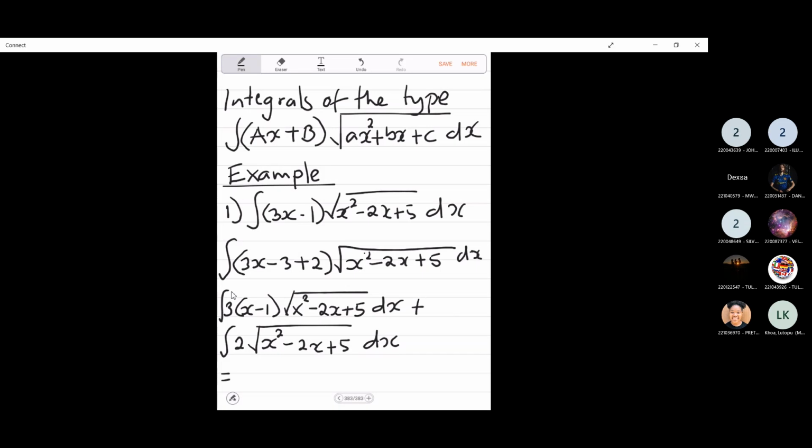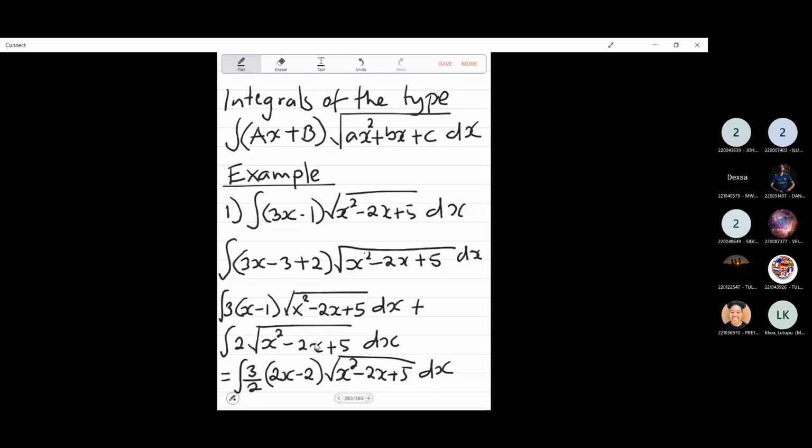So I should integrate 3 over 2 times 2x minus 2 times the square root of x squared minus 2x plus 5, dx. That's the first one. You can see this is the derivative of what is under the root, so integrating it is very simple and straightforward. For the second one, we have to make a substitution.